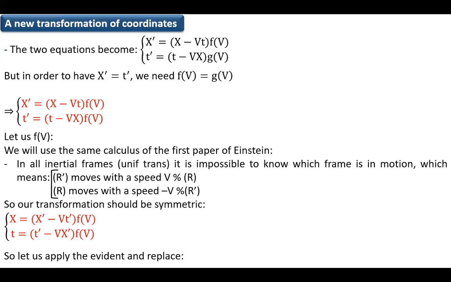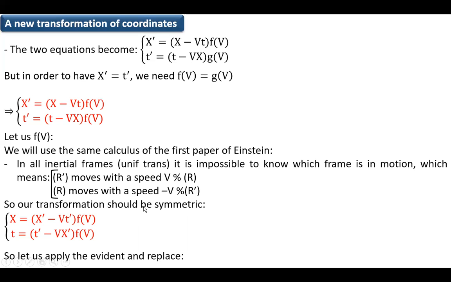You cannot measure accelerations of the frames, so you cannot say which one is in motion. So R prime having a speed v with respect to R is the same as R having a speed of minus v with respect to R prime. It's exactly the same condition. There is no measurement in physics that lets you tell which one is in motion.